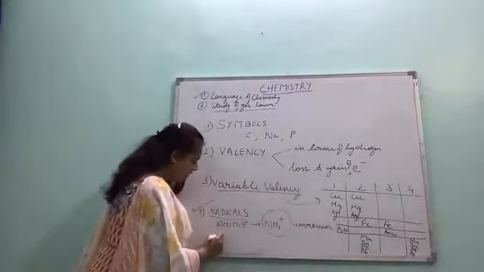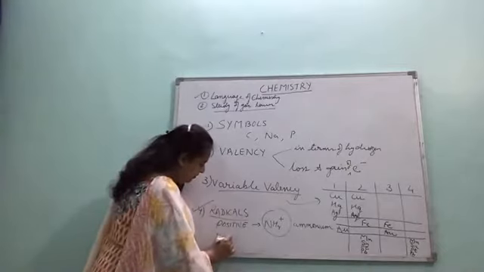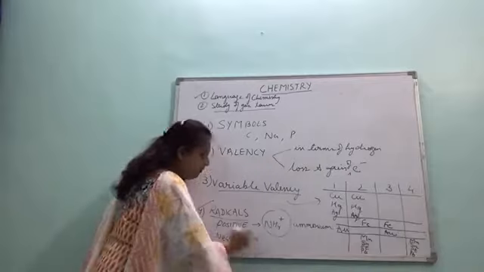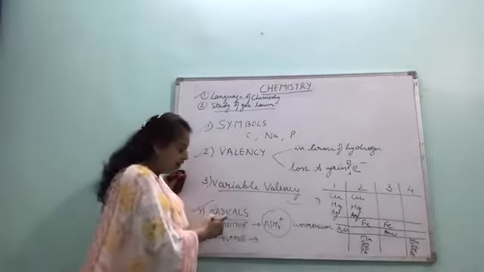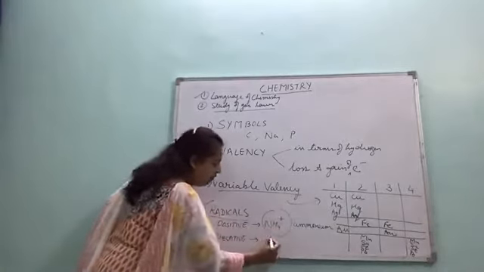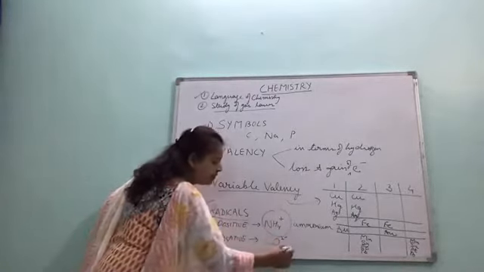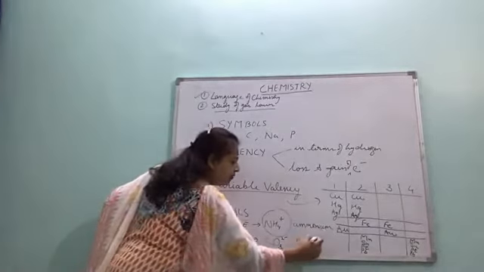And for negative, we have lots of negative ones. Many of them. A group of atoms which behave as a unit and have a charge is called a radical. You have plenty of negative radicals. Carbonate, sulfate, lots of them.